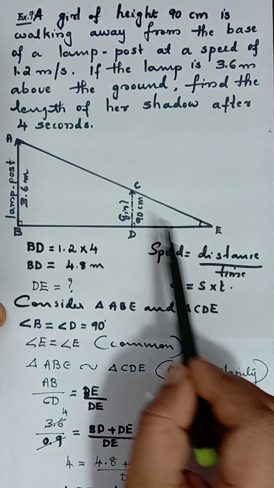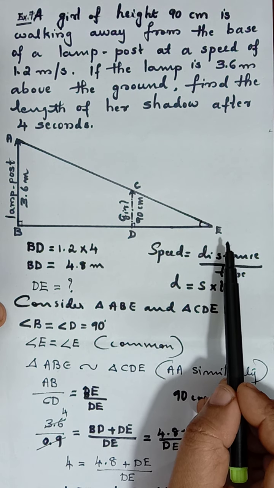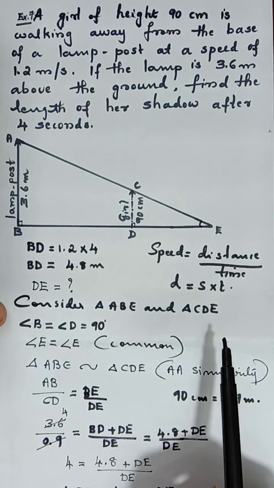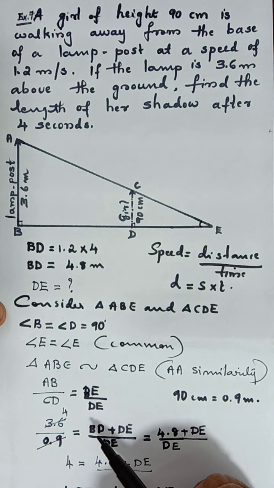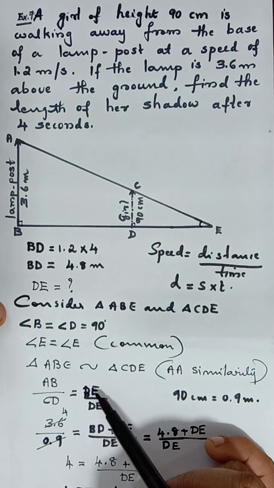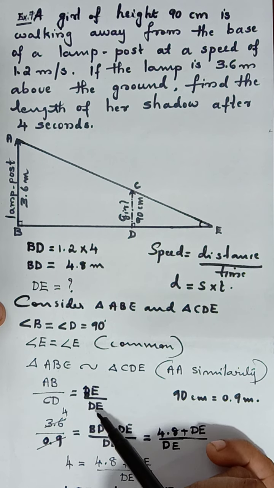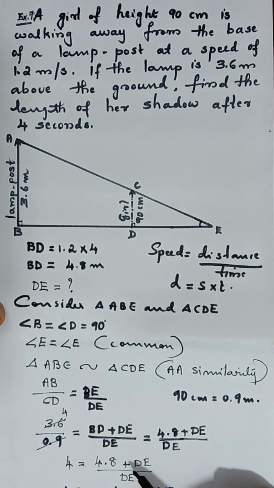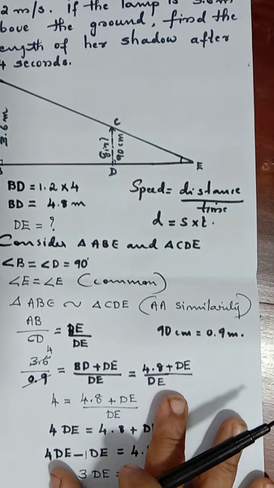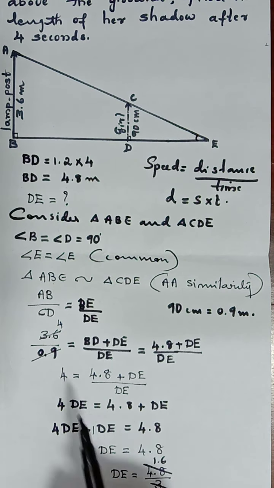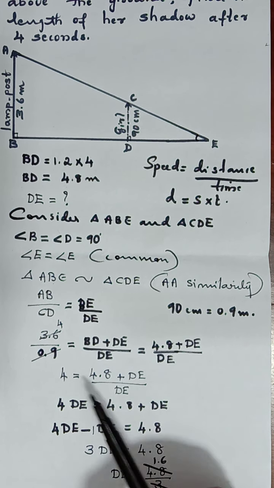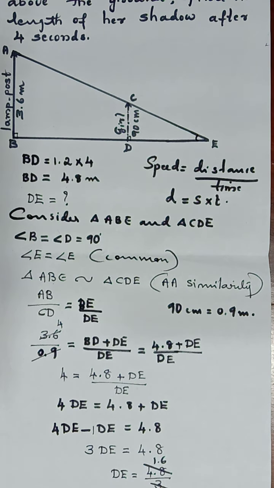Triangle ABE is similar to triangle CDE. If two triangles are similar, then corresponding sides are proportional. So we are taking two proportionalities only here. By substitution of these two, we will be getting only the unknown, that is our DE. Cross multiply, get the value of DE.